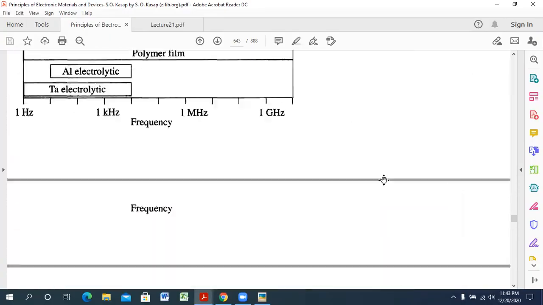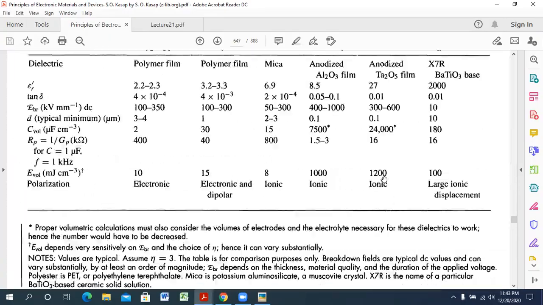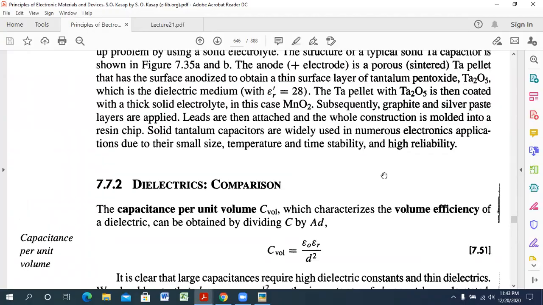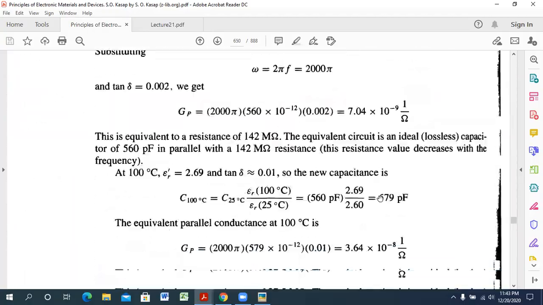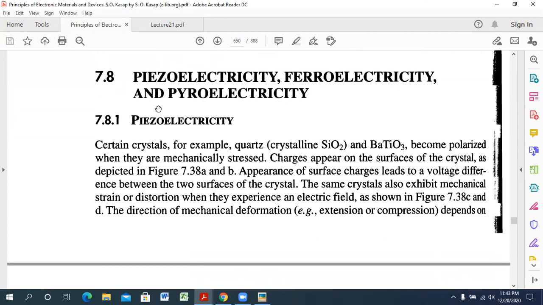Next class we will start from piezoelectricity, ferroelectricity, and pyroelectricity.